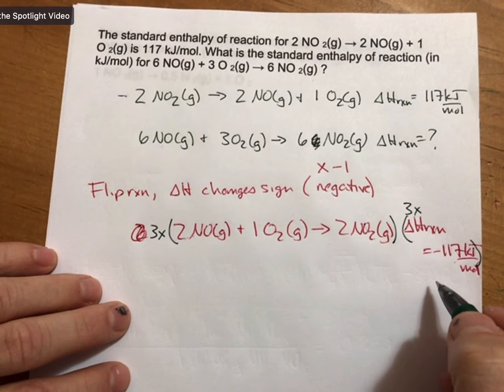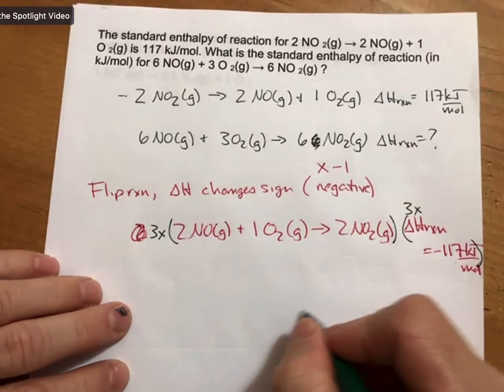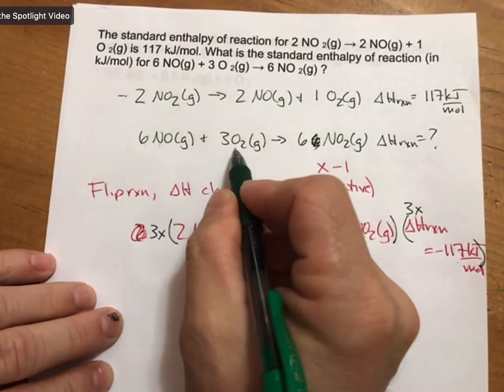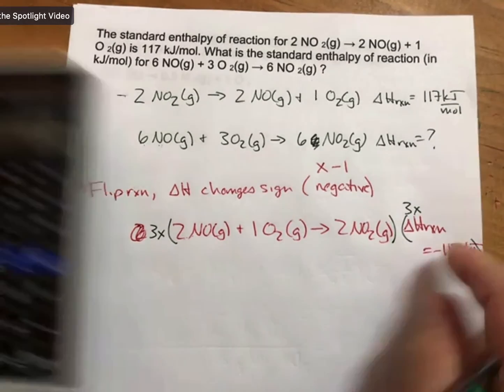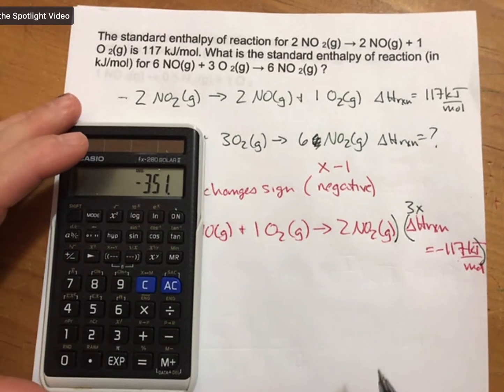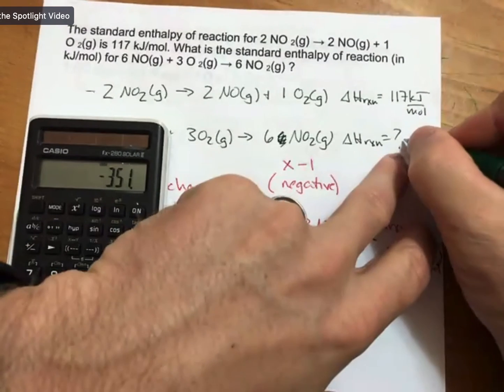And so when we do that, our answer for the 6NO plus 3O2 will actually be 3 times -117. And delta H is going to be -351.